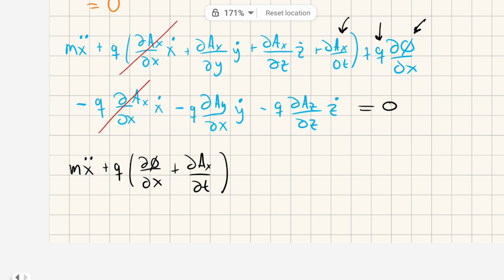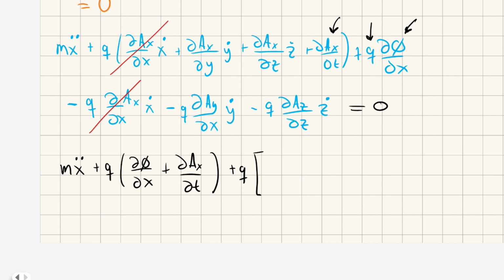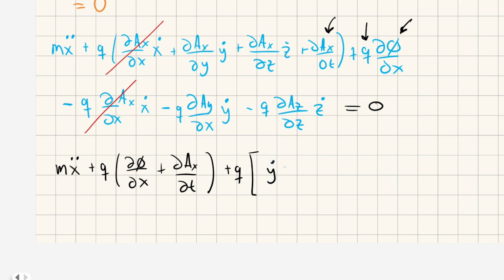And then let me factor q again here, and we are going to get y dot that multiplies the derivative of ax with respect to y, minus the derivative of ay with respect to x, like this, for this element and this element.